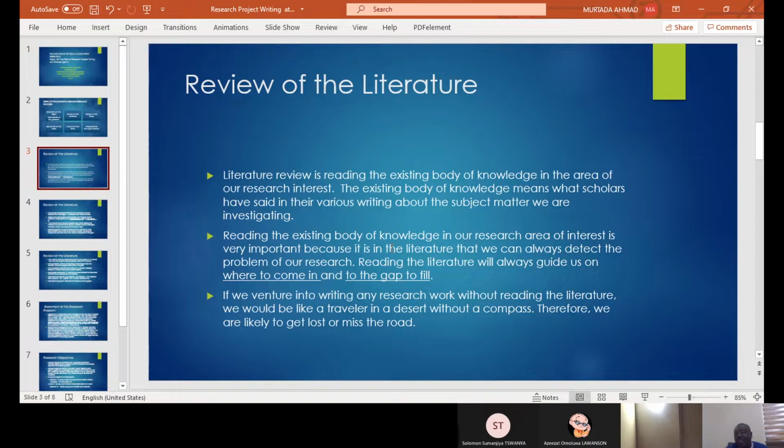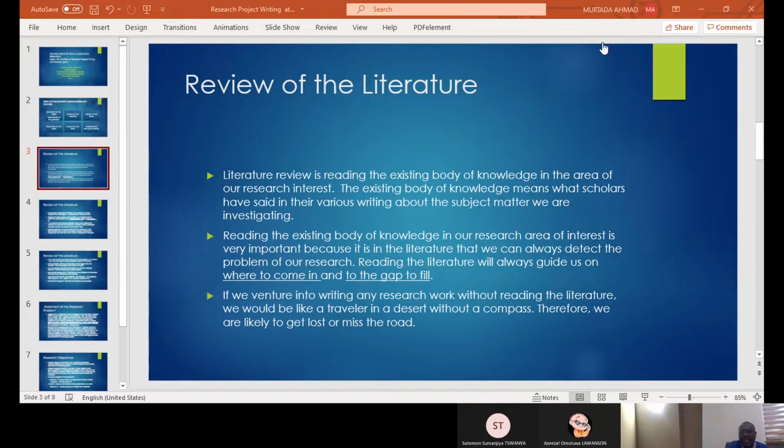Therefore, we are likely to get lost, or we are likely to miss the road. So if we do not want to miss the road and we would like to do the right thing, it is pertinent that we try as much as possible to get the literature.